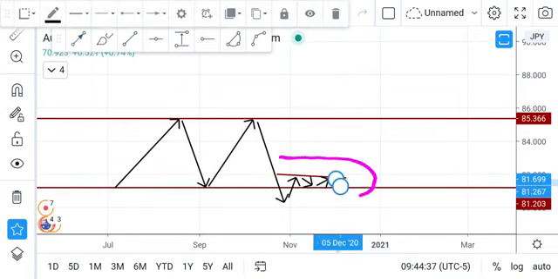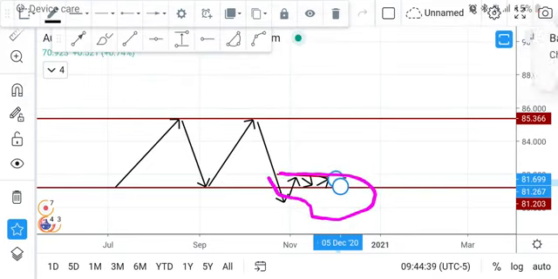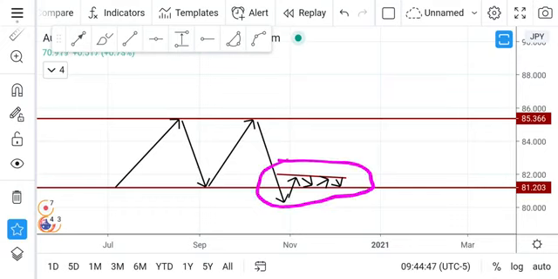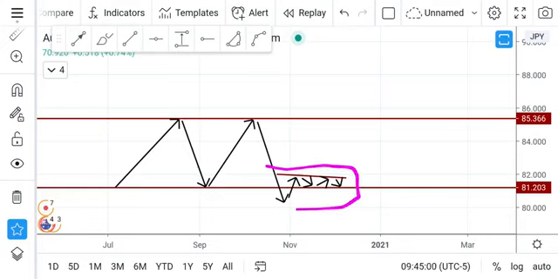This place over here is a build up. This place over here is a build up. It's actually just telling you that buyers do not have enough momentum to push the price back up towards resistance. So at this point over here, sellers are in control around your support.